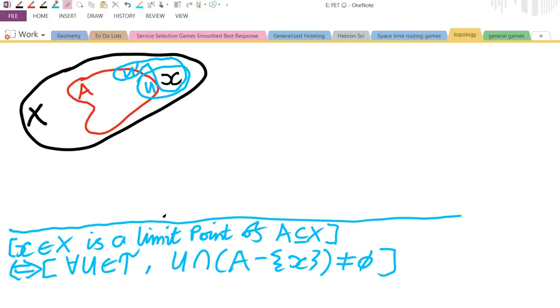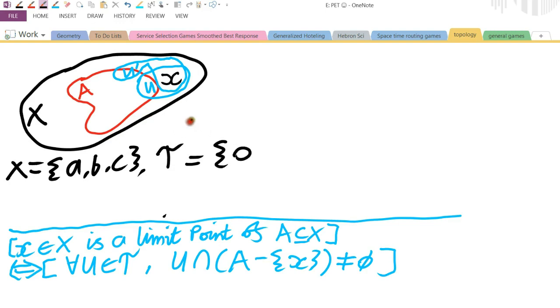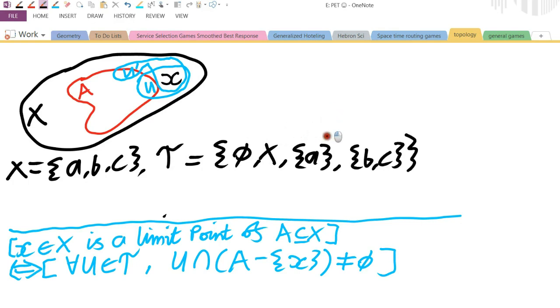So let's have a look at an actual concrete example. Let's suppose that we have the set X equals {a, b, c}, and our topology, we'll take a simple case, consists of the empty set, the set X itself, the singleton set containing a, and the set containing b and c. So let's just check this is a topology.